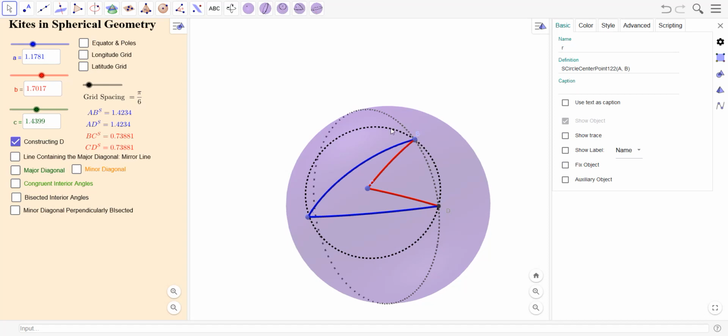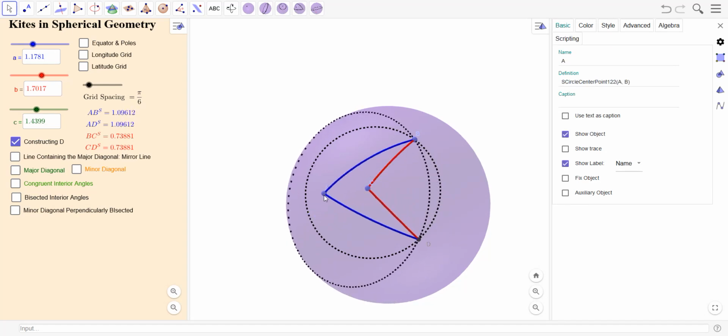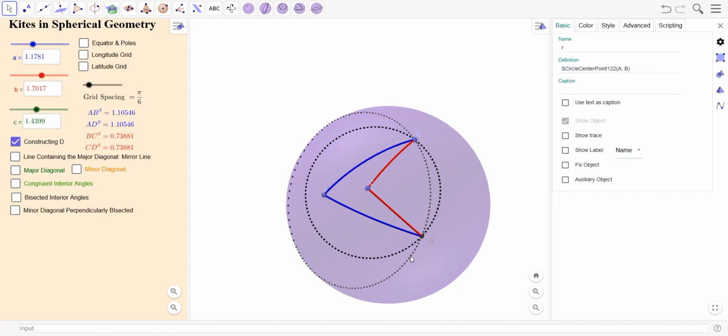And then we take a circle centered at A. One centered at A of radius AB is this one. And the one centered at C of radius CB, that's this one, okay?